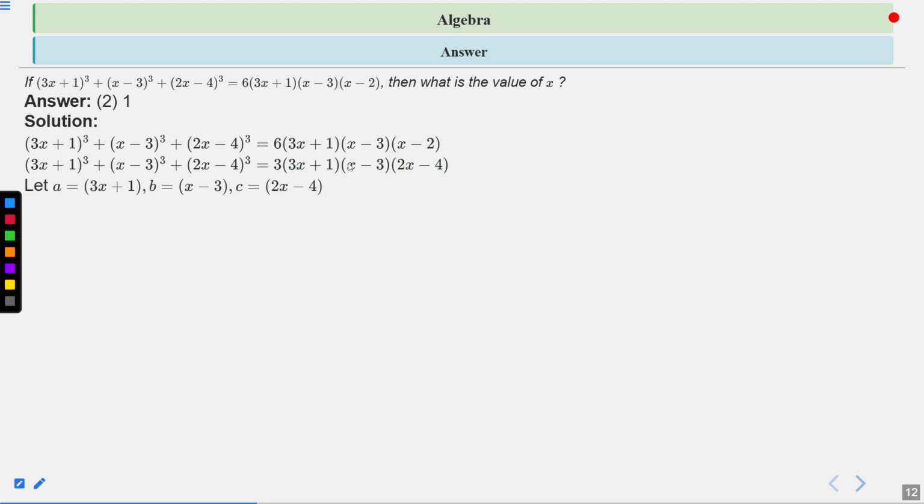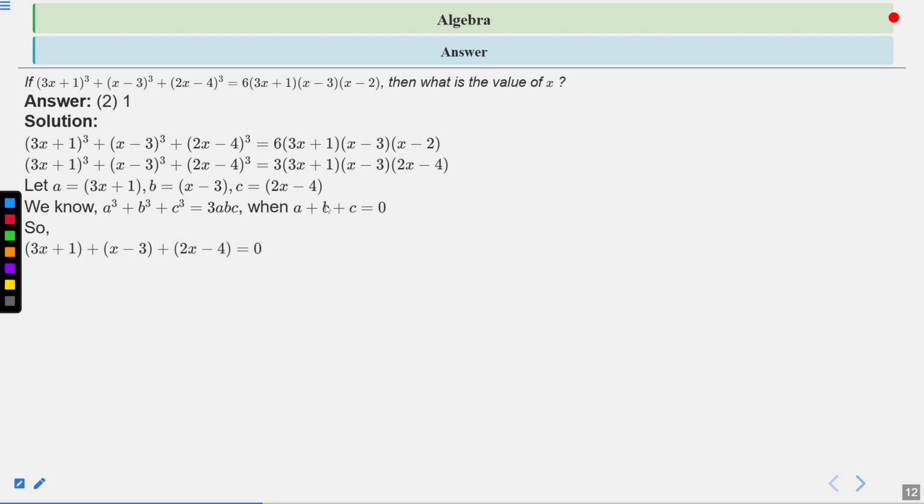Now we can let 3x plus 1 as a, x minus 3 as b and 2x minus 4 as c. Now we get the equation. We know that a cube plus b cube plus c cube equals 3 times abc when a plus b plus c equals 0.